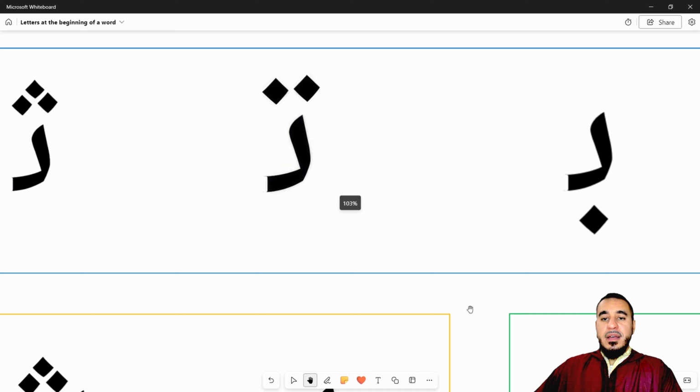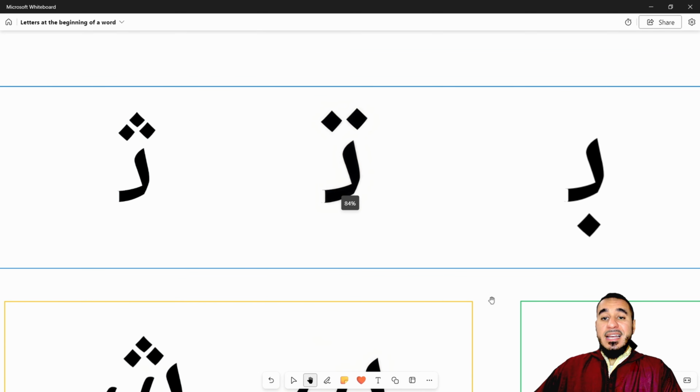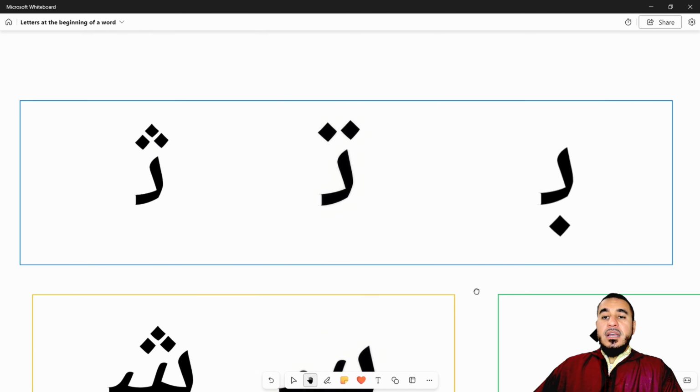So we have the ba, ta, and tha. If you remember, we said that these three letters are in the same box. They have the same shape. However, they just differed in how many dots they have and the location of those dots.